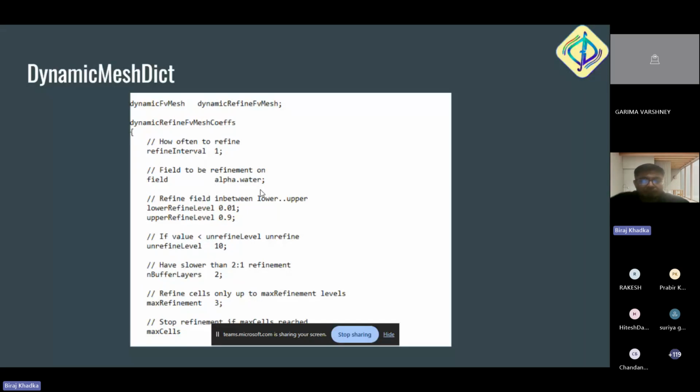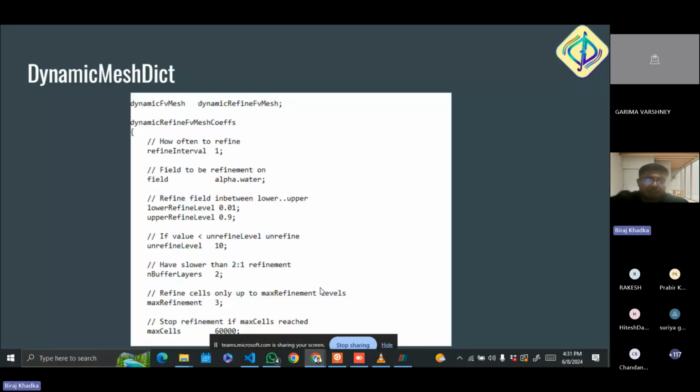The mesh will only get refined if the value of alpha.water is between 0.01 and 0.9. We have used the number of buffer layers as 2 and the maximum refinement as 3. And I have mentioned maximum cells as 60,000. If the maximum number of cells exceeds 60,000, then the refinement will stop and the cell count will stay constant at every iteration.